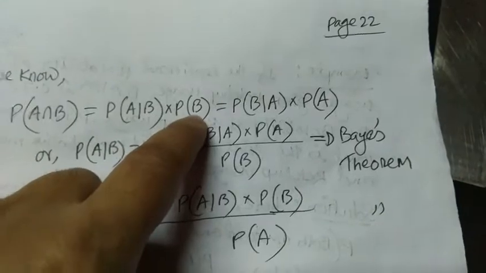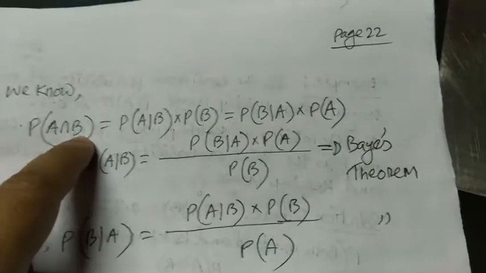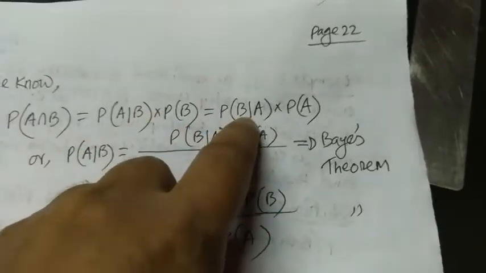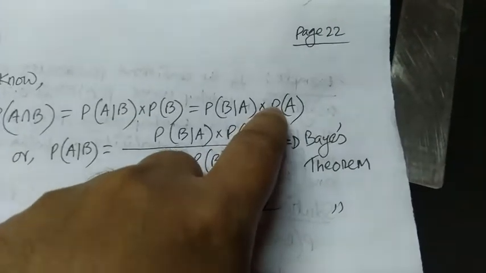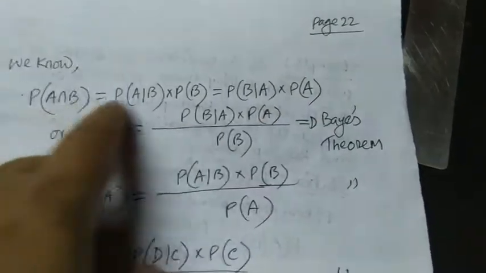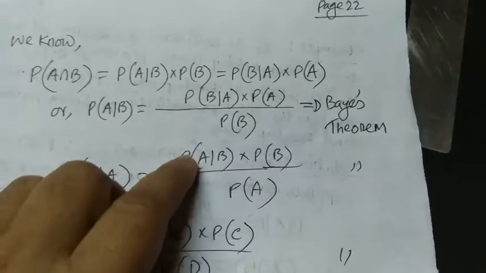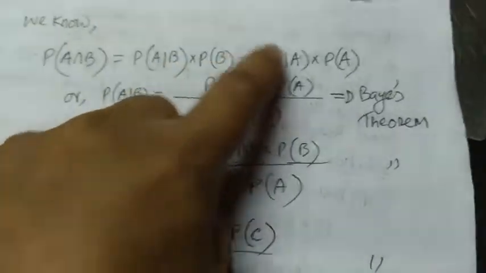You can take A first and given B, then you need to multiply by the given part, that means probability of B. If you reverse it, that means if you take B first and given A, in that case also you need to multiply it by the given part, that means probability of A. So both are same. Now this one equals this one.